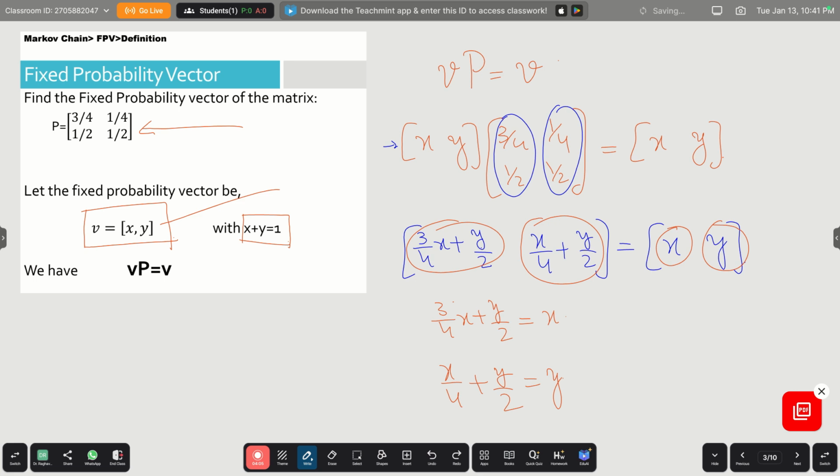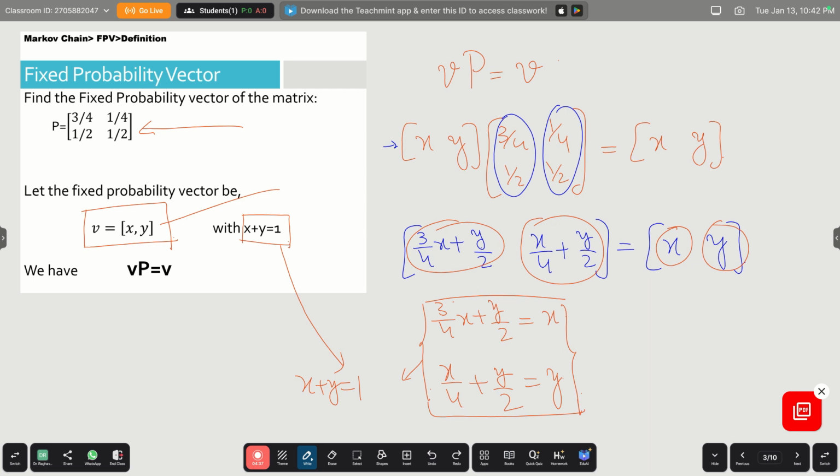And I have one more equation, which is x plus y equal to 1. With x plus y equal to 1, I need just one of these two, because two variables need only two equations. One is x plus y equal to 1, and among what I got from the multiplication of VP, I'll choose one of them.